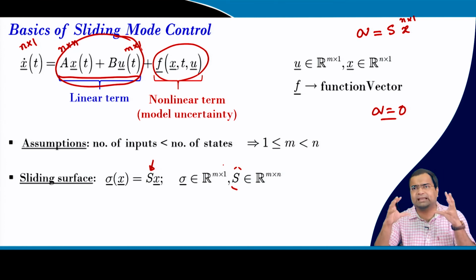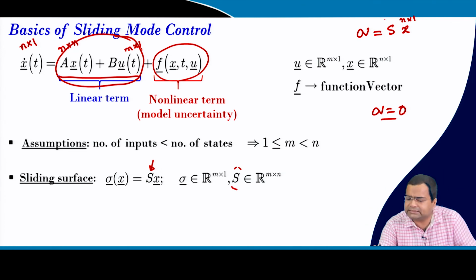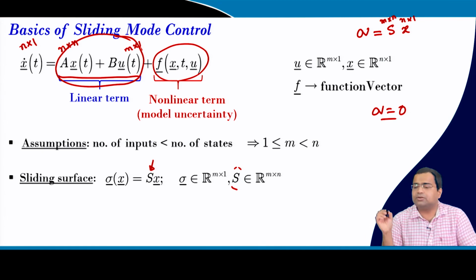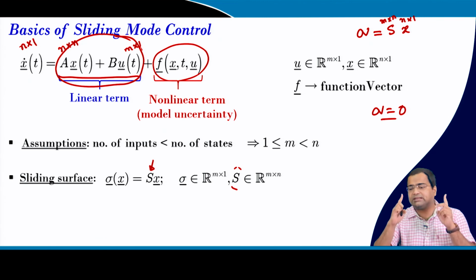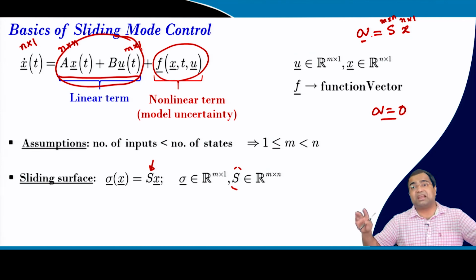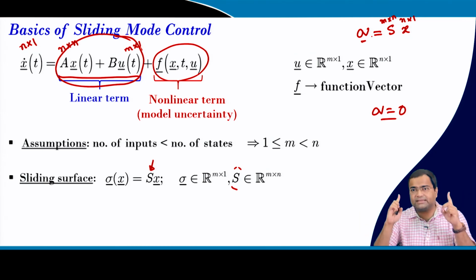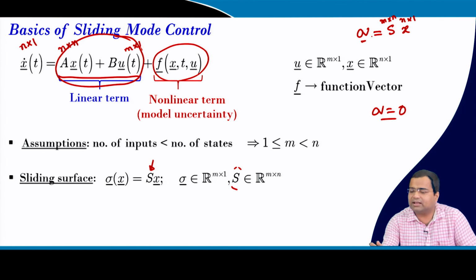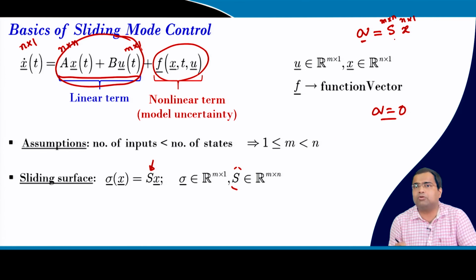So, if it is a single input system, then S is m cross n. If one input, then S will be 1 cross n. So, this sigma will be simply a straight line because it is one dimensional, sorry, it is not a straight line, I will say it is a plane.